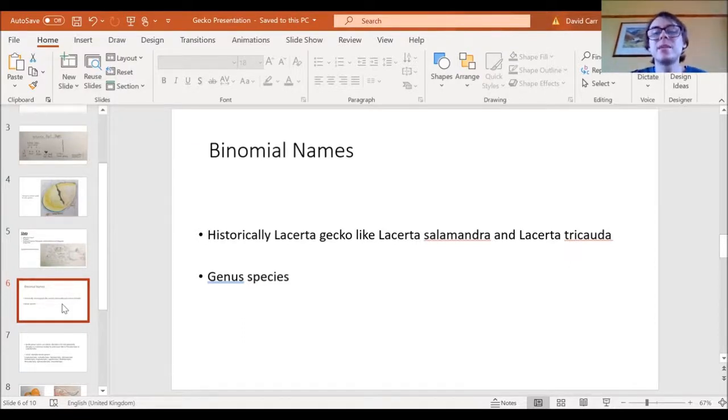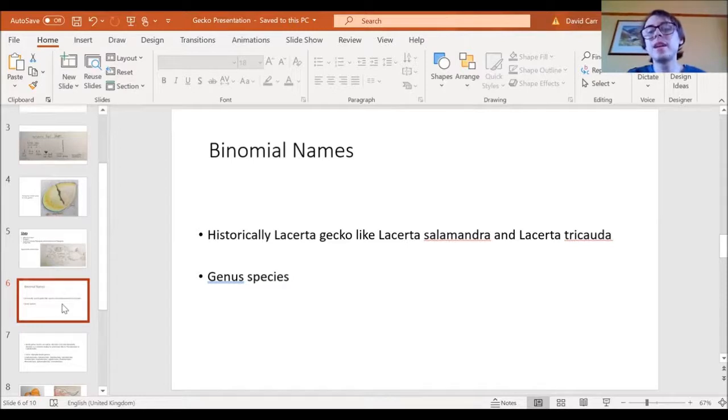Lacerta salamandra was used to name a salamander, which is interesting because salamanders are more related to frogs than they are to geckos. But it's interesting how they had the same first name. And I think crocodilians had that first Lacerta name as well.